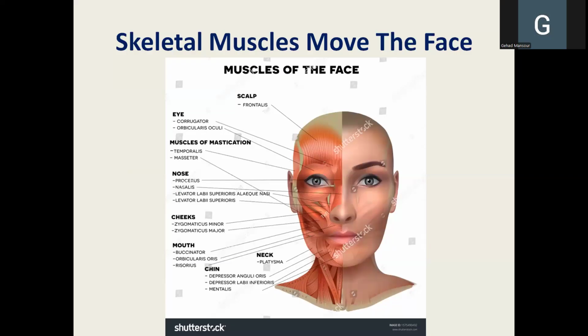The skeletal muscles that move the face are here just for your general knowledge, to see how they are responsible for your facial expressions. The only thing you have to know is that when you have paralysis of the facial nerve, which is the seventh cranial nerve, you will have a disease called facial palsy.